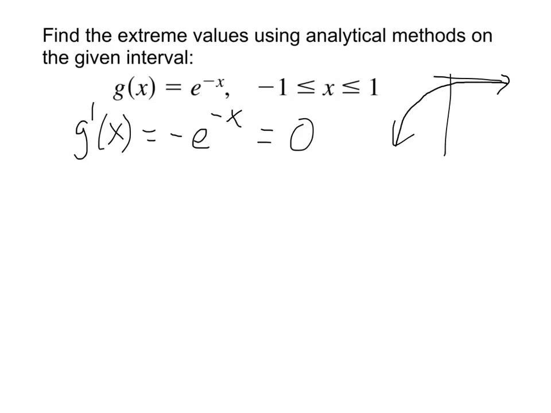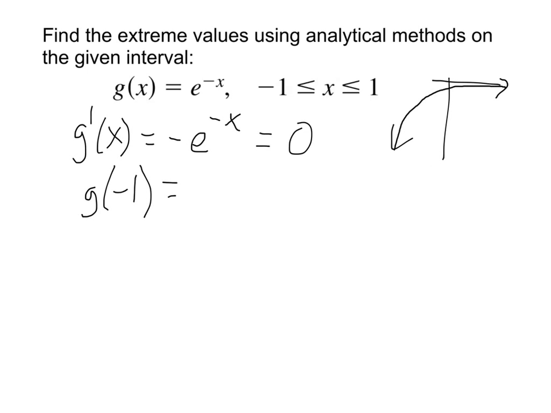Anyway, we need to start plugging in. Okay, what is g of -1? This was g prime of x that I graphed. So g of x would just be the same sort of thing, just sloped that way.